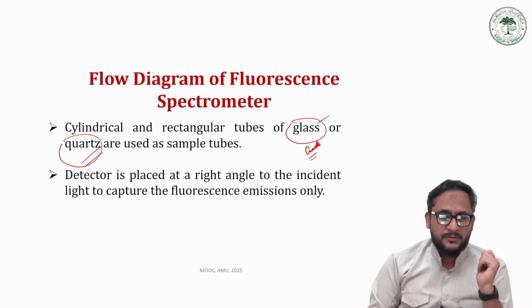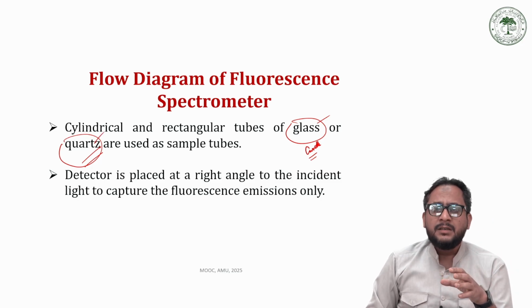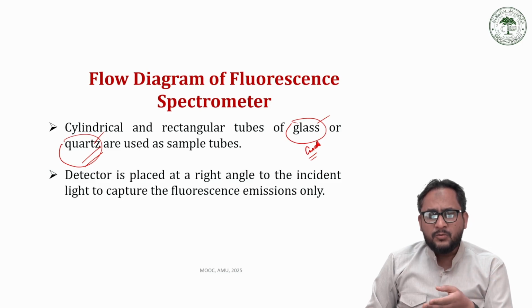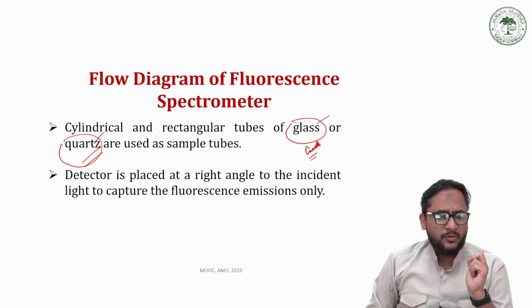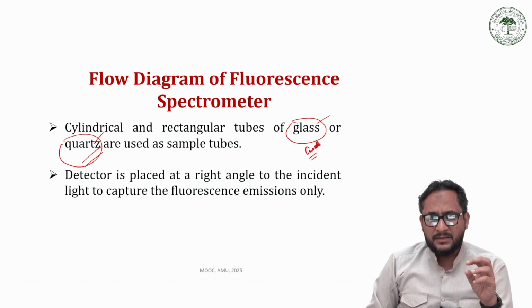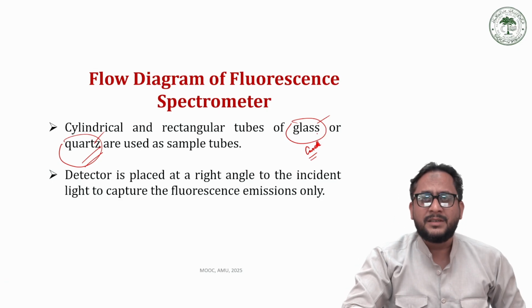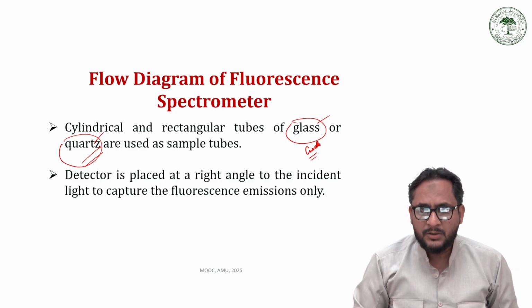So for research purposes we always use quartz tubes, but if we are explaining this phenomenon to undergraduate students, and we are allowing them to do the analysis on a spectrophotometer, we give them glass cuvettes because they sometimes break, as they are not very careful using these cuvettes, resulting in damage, and if a quartz cuvette gets damaged, it is very costly.